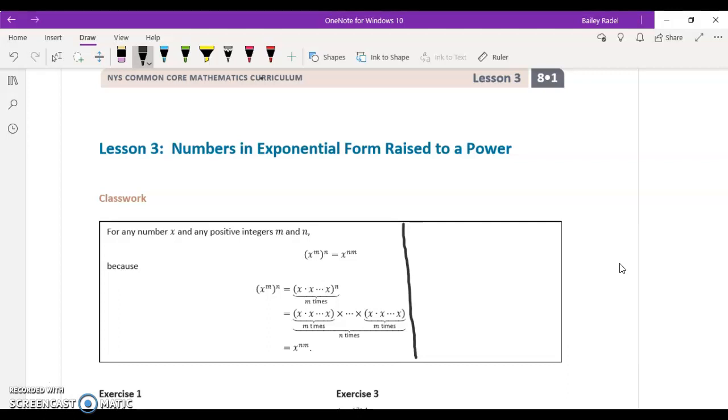So we are going to use a base of 3. Our first power is going to be a 4. And our second power, which we are raising 3 to the 4 to, is a 2.